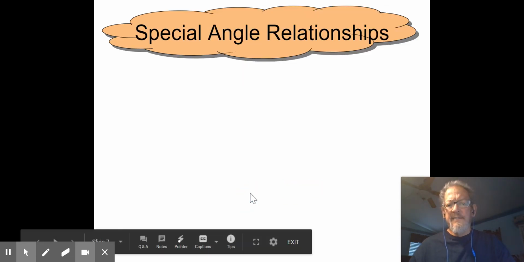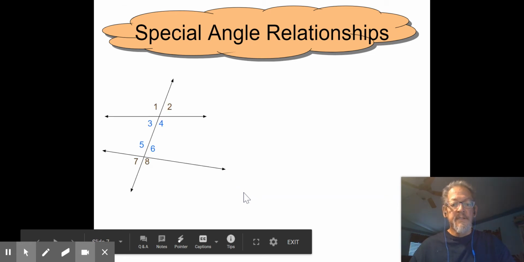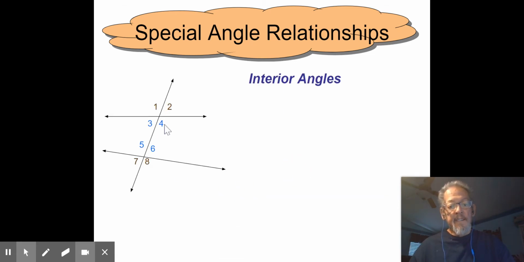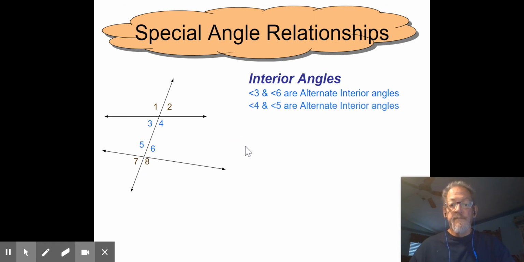And this creates special angle relationships, where the interior angles have a special relationship. 3 and 6 are alternate interior. These are interior, and they're on alternate sides of the transversal. 4 and 5 are alternate interior also.